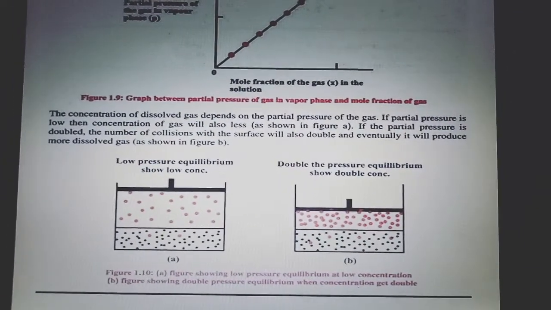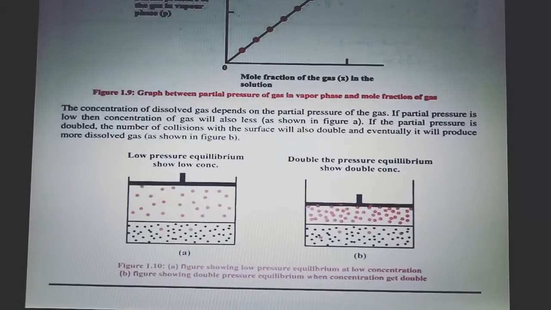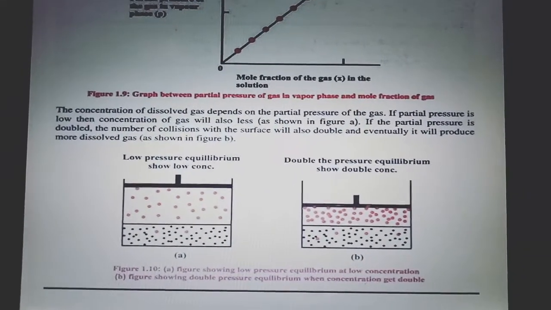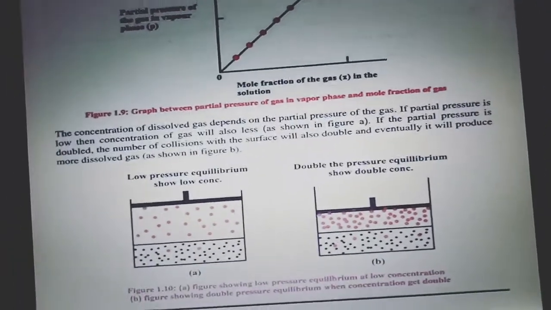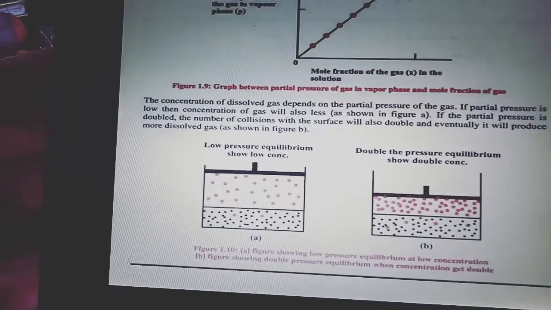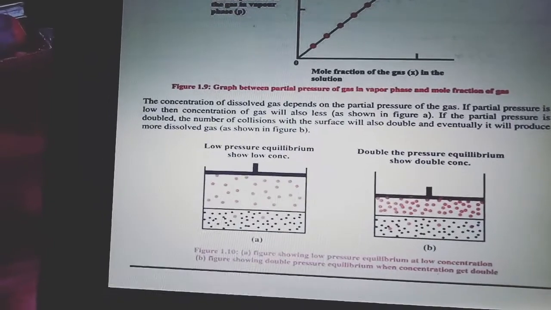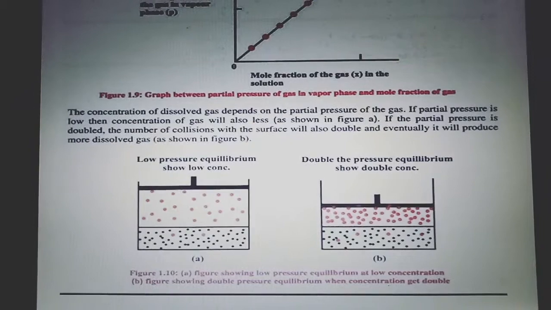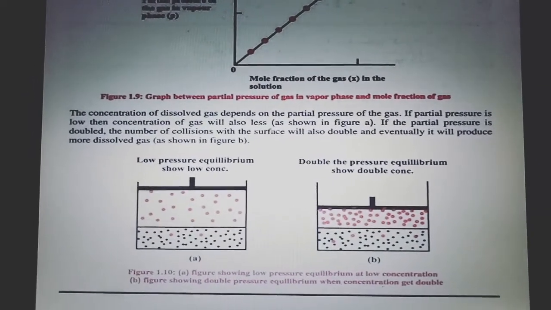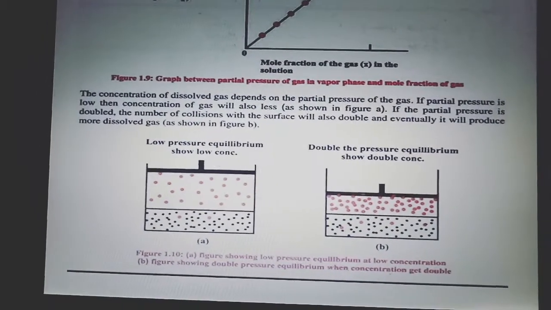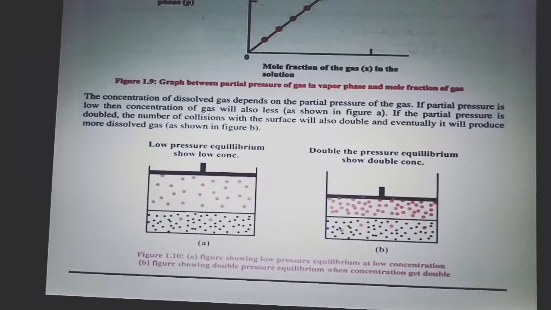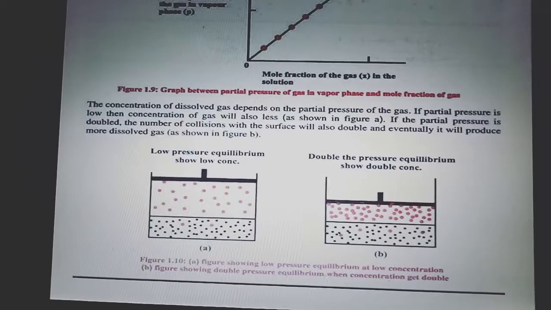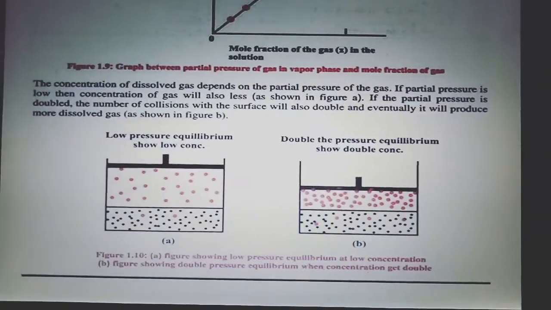If the partial pressure is low, then the concentration of gas is also less. Figure A shows low pressure equilibrium at low concentration. If the partial pressure is doubled, the number of collisions with the surface will also double. Collisions will increase, and eventually it will produce more dissolved gas. That is figure B. It represents the double pressure equilibrium when the concentration of gas is doubled.